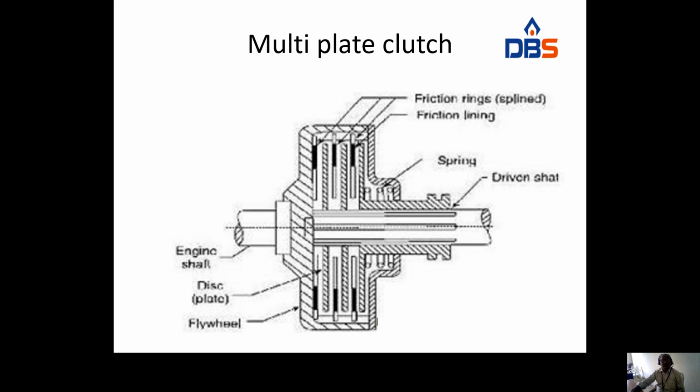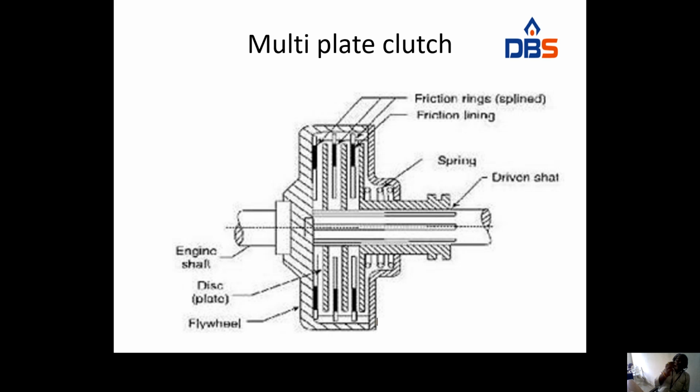This multiplate clutch consists of an engine shaft, and the engine shaft is connected to the flywheel. This is the flywheel, and this is the driven shaft. Over the driven shaft there is a clutch assembly with a number of clutch plates, and between them there are friction surfaces, friction rings.